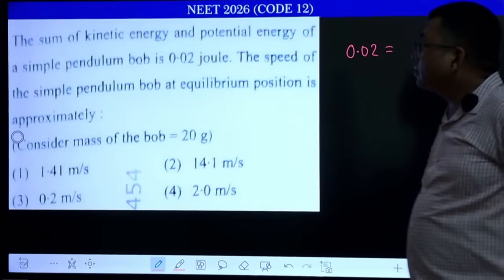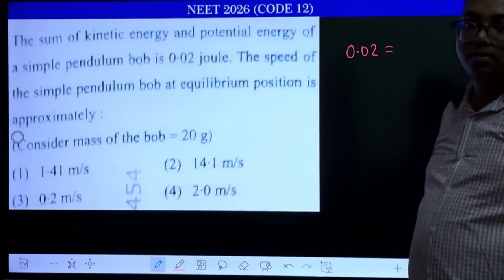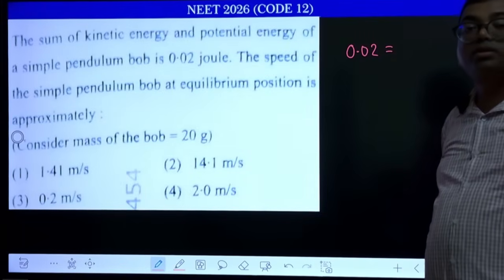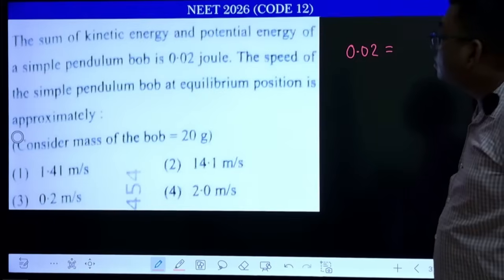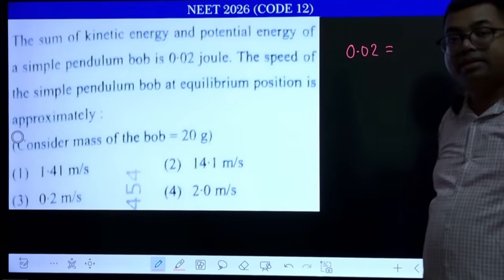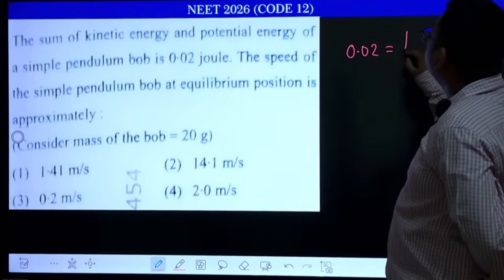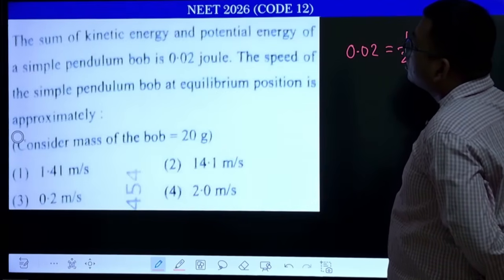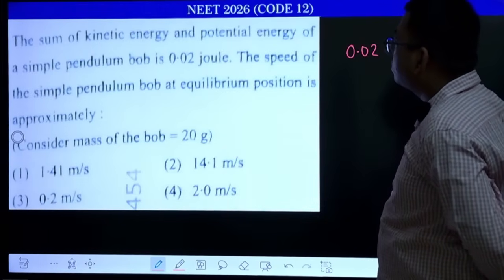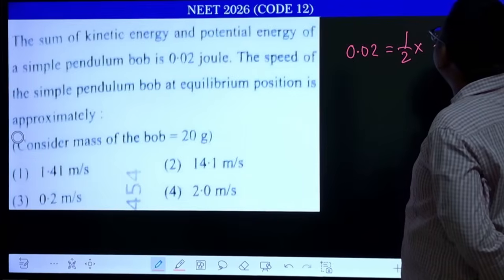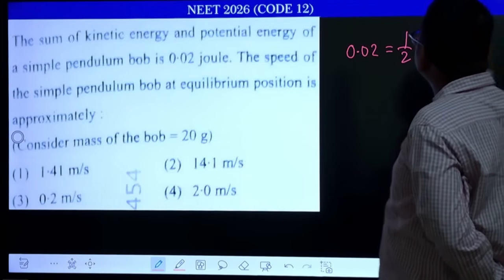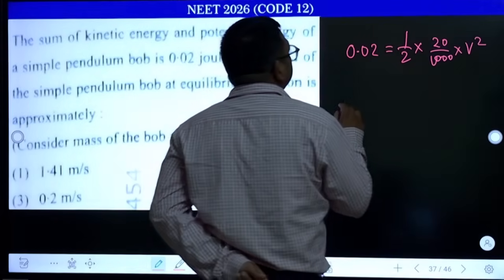When it is coming to the equilibrium position, assuming that minimum potential energy is zero, all that energy will become kinetic energy. So this is going to convert as half, mass they have given 20 grams, so 20 by 1000, into v square. So calculate this now.